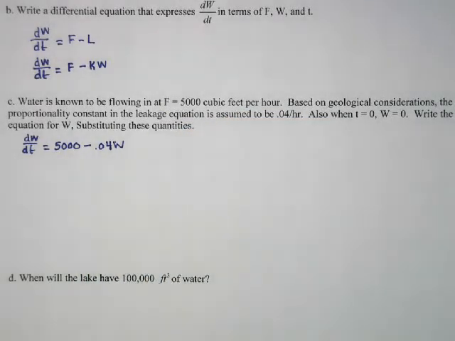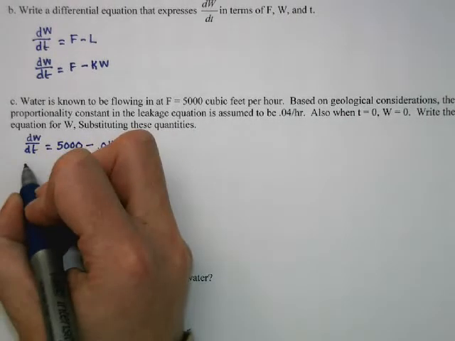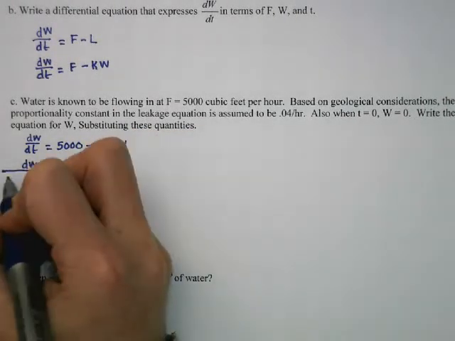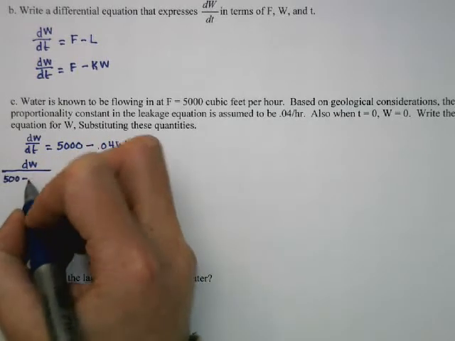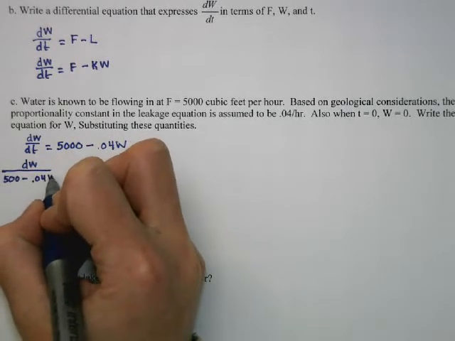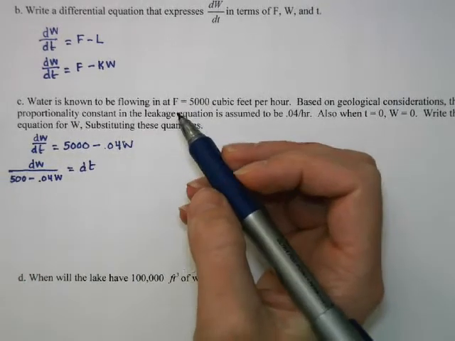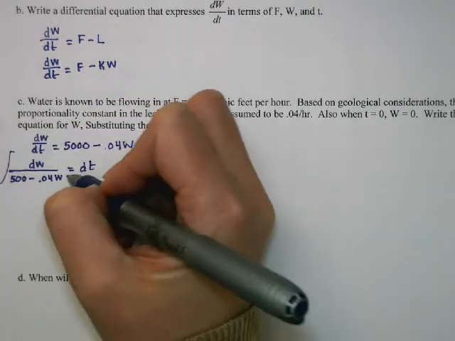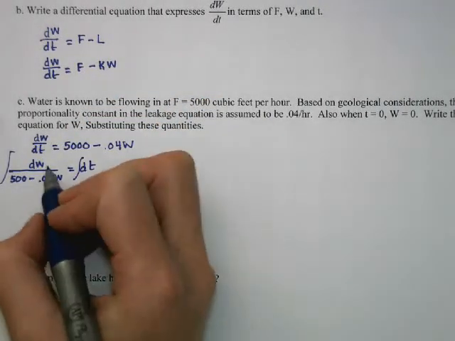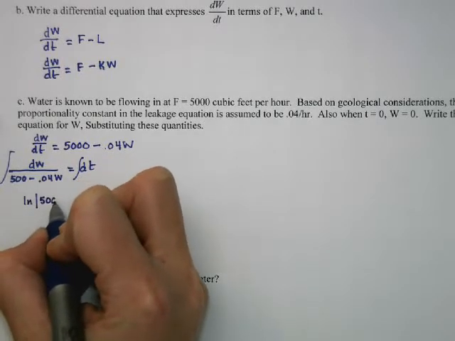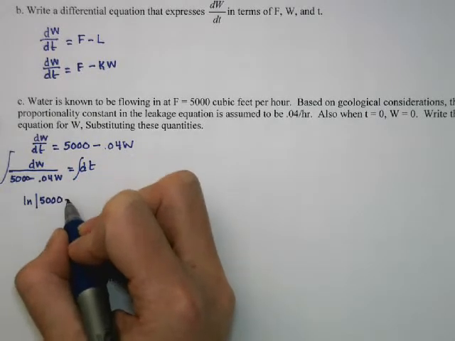So we're going to have dW over all of this, 5,000 minus 0.04W, equals dt. Then we're going to integrate. So this is going to be the natural log of 5,000 minus 0.04W.